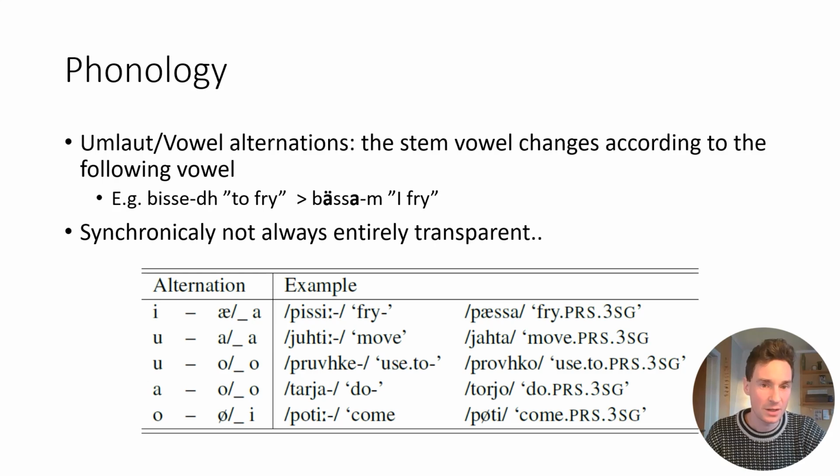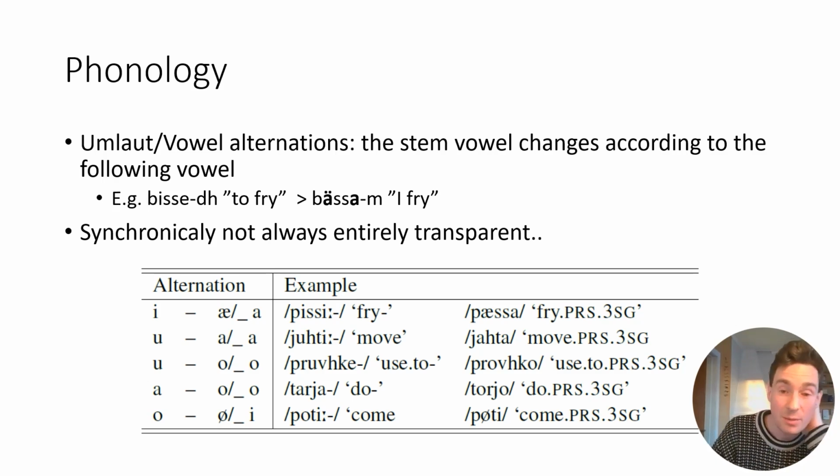An example is the infinitive of the verb to fry, bisset, which becomes in the first person singular present tense, I fry, bessam. So bisset changes into bessam. And while we can establish phonological rules, they are synchronically not always entirely transparent.